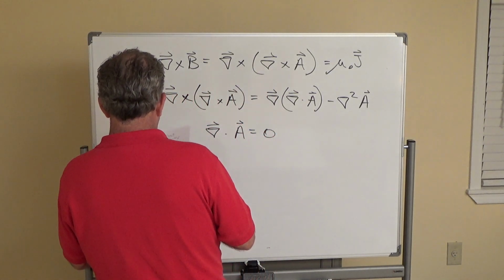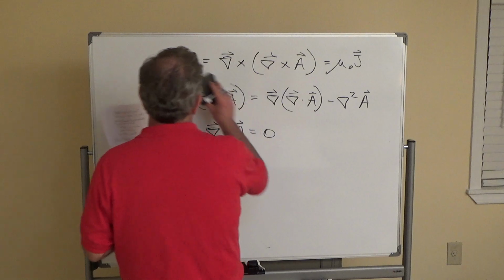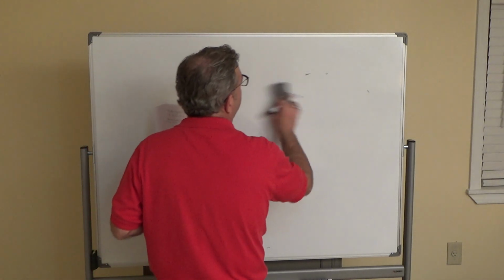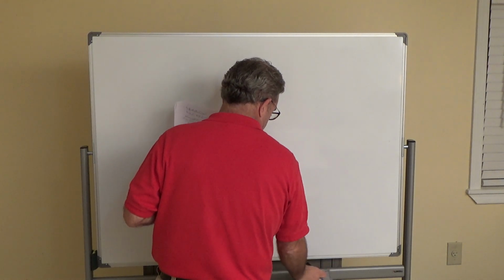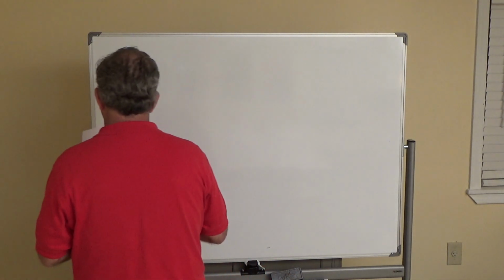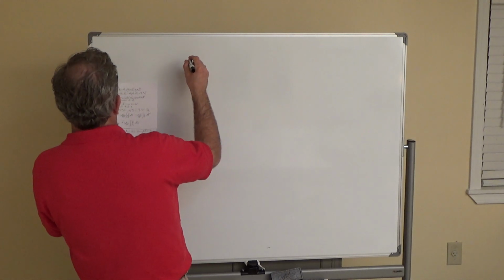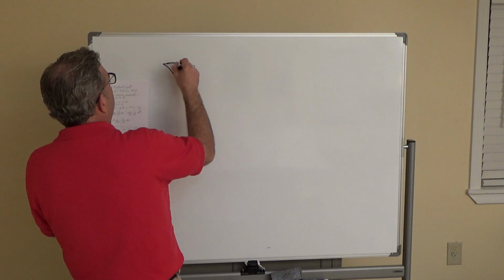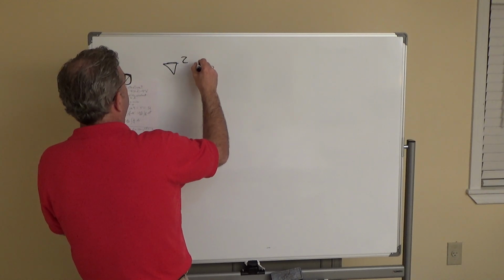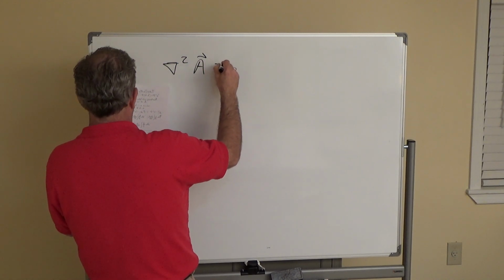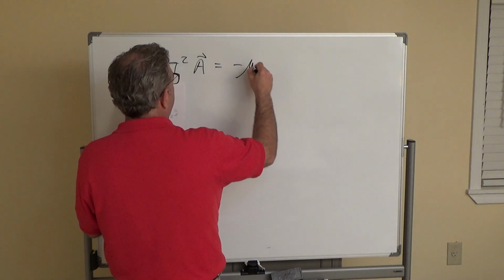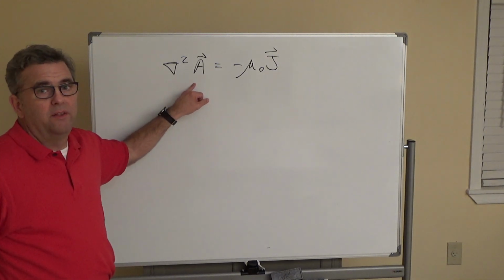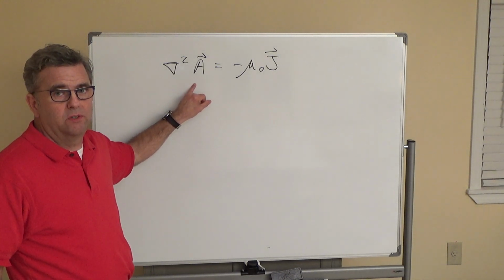Okay, so this gives us a nice symmetry between electrostatics and magnetostatics, because now we have that the Laplacian of A, which is the magnetic vector potential, is equal to minus mu naught J. Note, that's three equations.